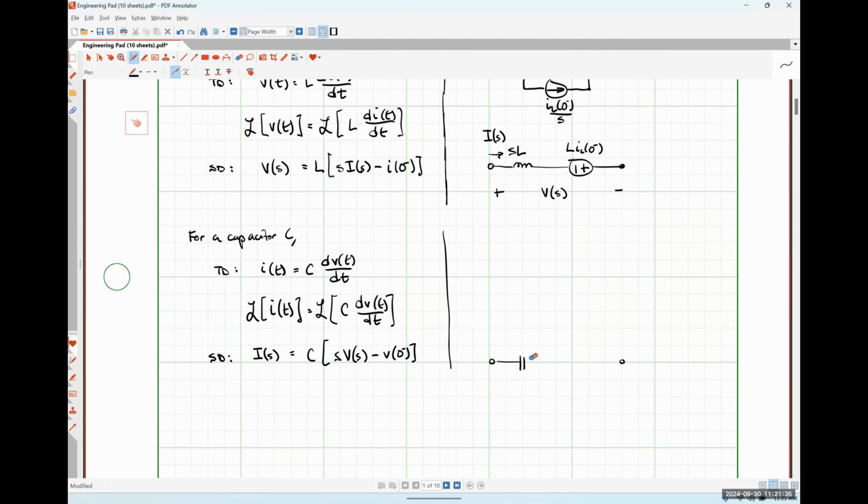Actually, crap. Let me do the parallel thing first. So here's our impedance. One over SC.